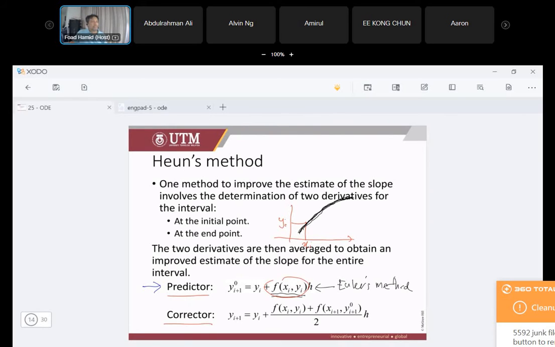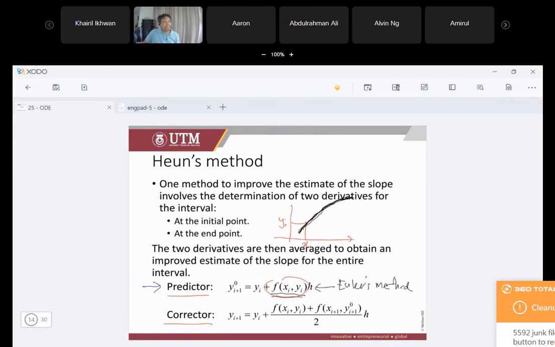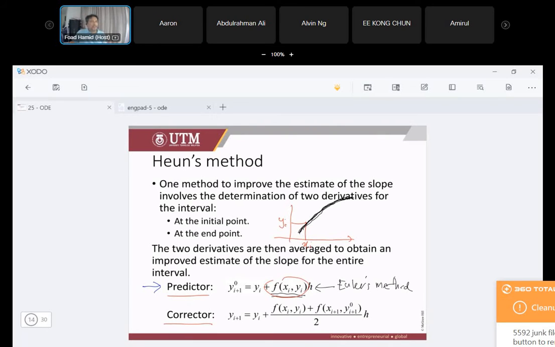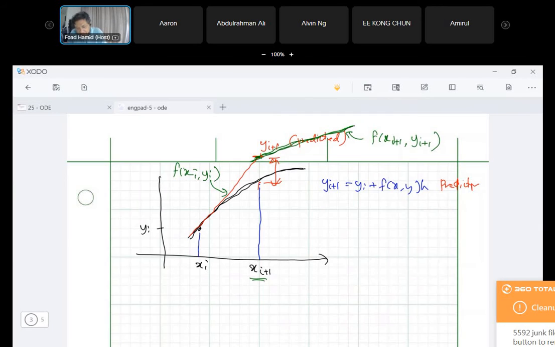Is it average, Doctor? It's the average value of the slopes here, right? So basically, we are trying to improve the slope estimation by taking an average slope value based on the first slope, which is the red one, and the second slope, which is the green one.